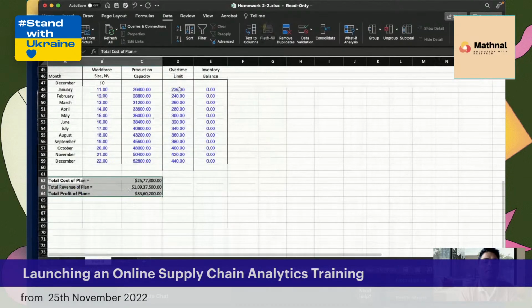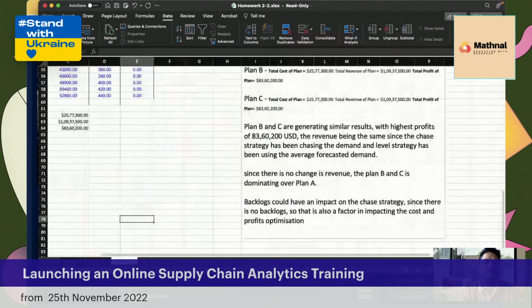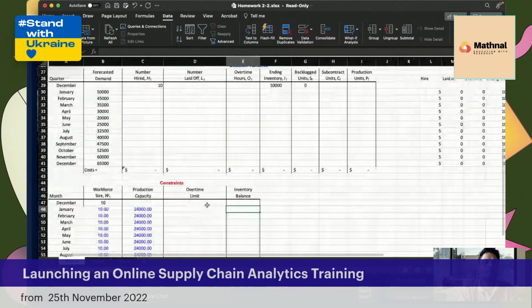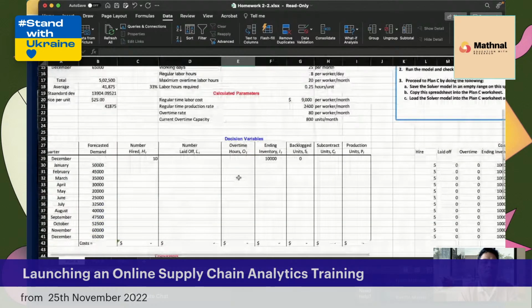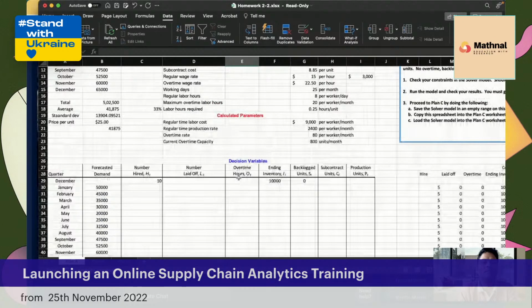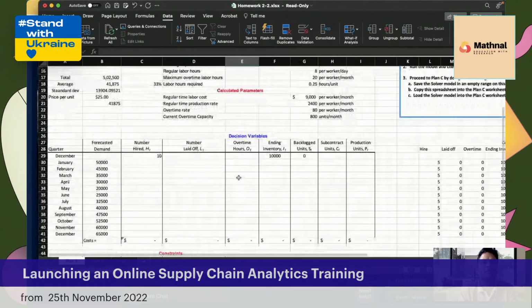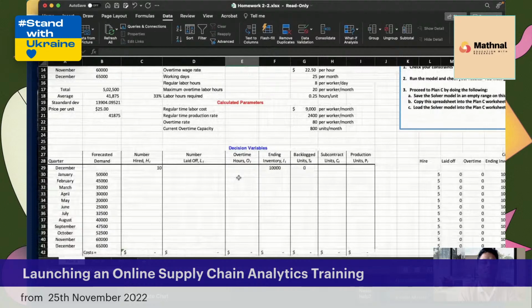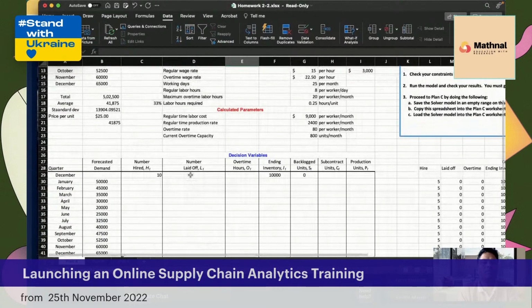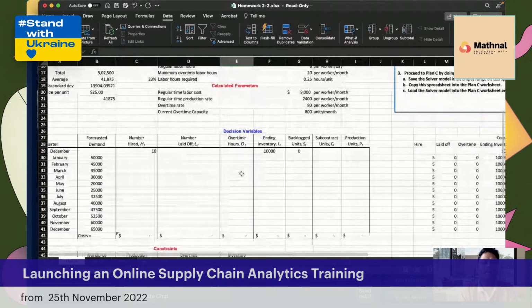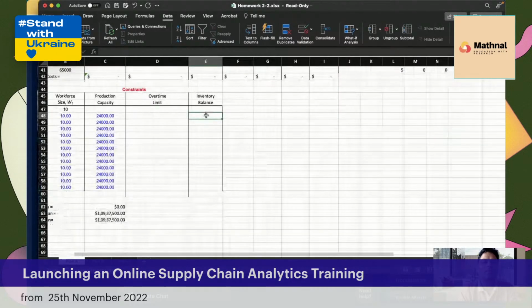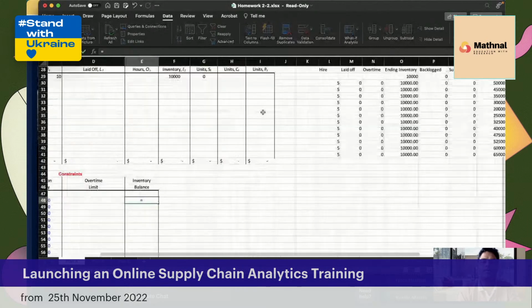That's what we are going to calculate. So let's calculate that.